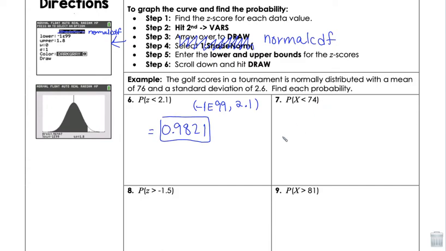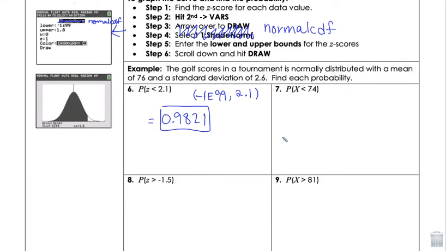For some of these, you have to find the z-score, so you're just using the information here where we have mu 76, sigma 2.6 to find our z-score. So z is equal to 74 minus 76 over 2.6, and that gives me a z-score of negative 0.769.